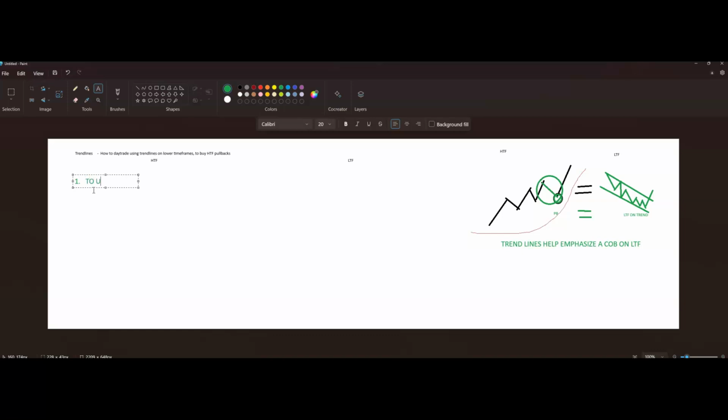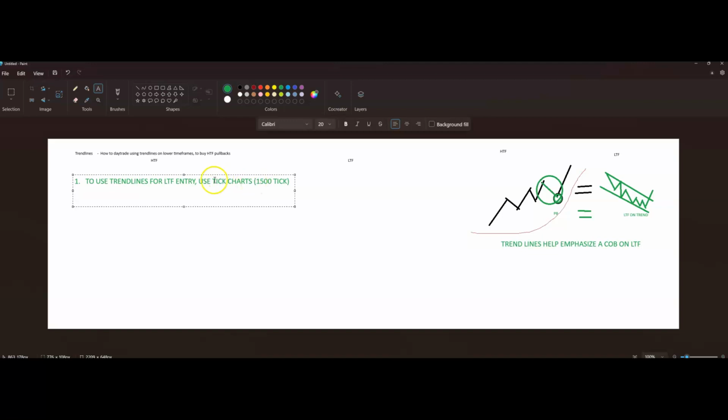First, what you need to do to use trend lines is use tick charts. To use trend lines for lower time frame entry, use tick charts like 500 tick, 1500 tick, stuff like that, depending on the market.